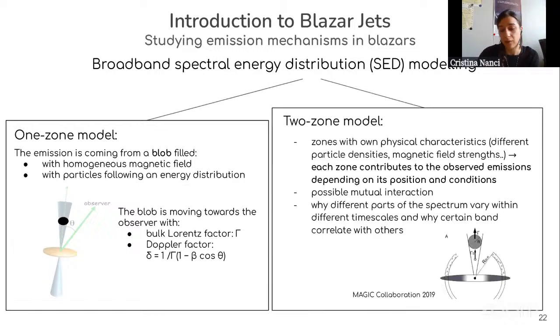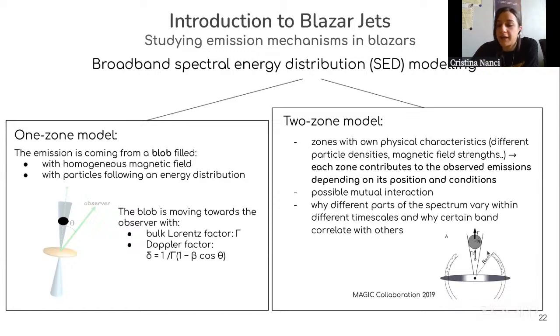But we can complicate the situation even more by assuming different emitting regions with different physical characteristics, as for example different particle distributions, different magnetic fields. For example, here I'm showing you two blobs located at different distances from the central black hole, and each of them contributes to the observed spectra depending on the physical conditions in these regions.